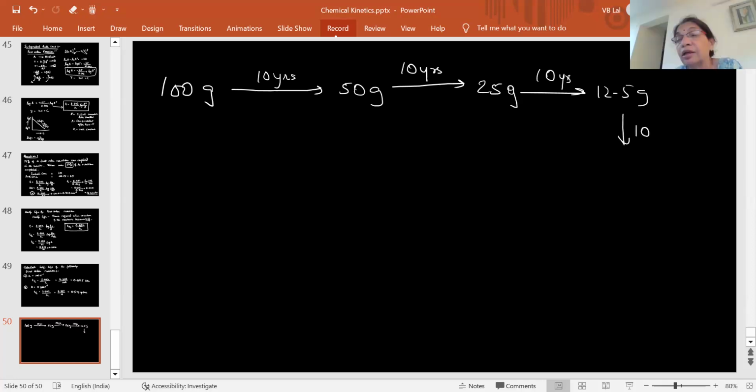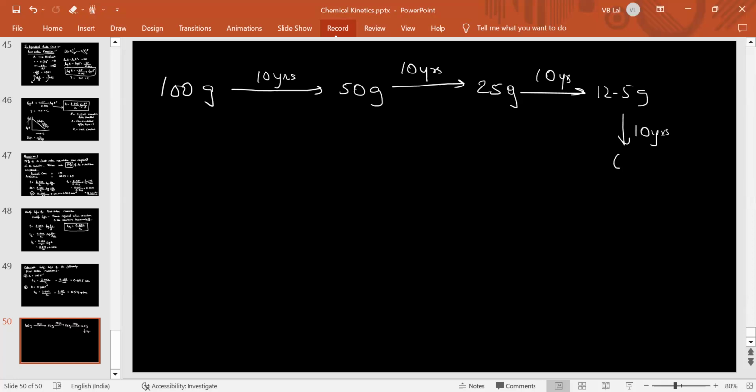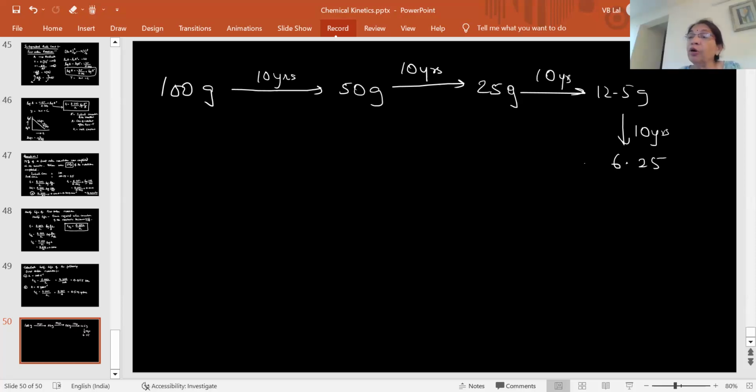And after another 10 years, it will become 6.25 grams. And then it will keep on slowly decreasing. So you can imagine that after 10, 20, 30, 40 years, it will take lots of time to completely disappear, because every 10 years it will become half of the concentration at that time.